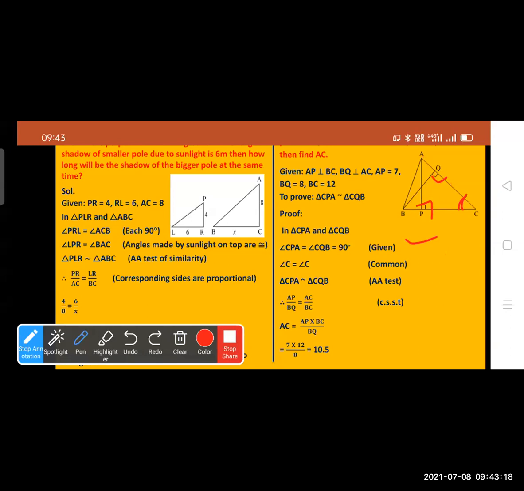So by using these two conditions, we write triangle CPA similar to CQB. If two triangles are similar, then we take corresponding ratios. So यहाँ पे हमने corresponding ratio लिया है AP by BQ is equal to AC by BC. Then substitute the values. AP दिया है, BC दिया है, BQ दिया है. Substitute and then find the value of AC. Okay? Okay, students?